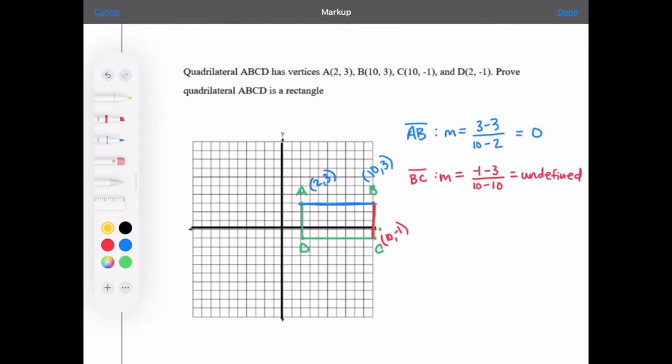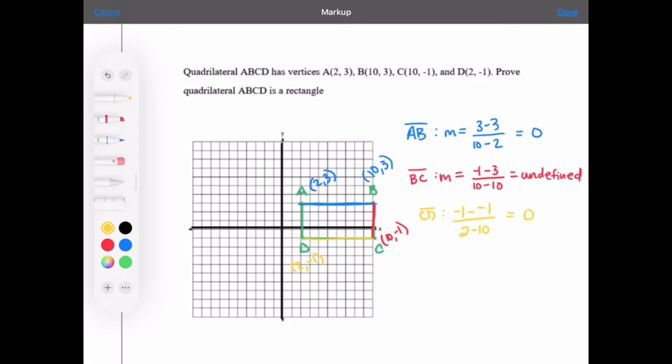Moving on, right here, let's look at CD. Alright, and we know that D is (2, -1). So CD, we have -1 minus -1 all over 2 minus 10, and we get 0.